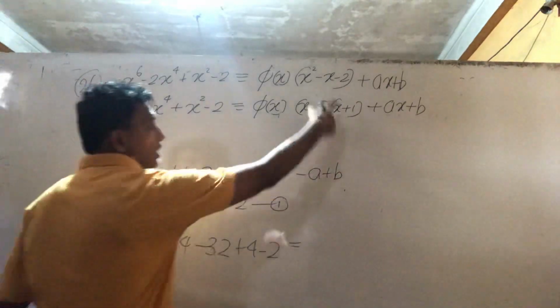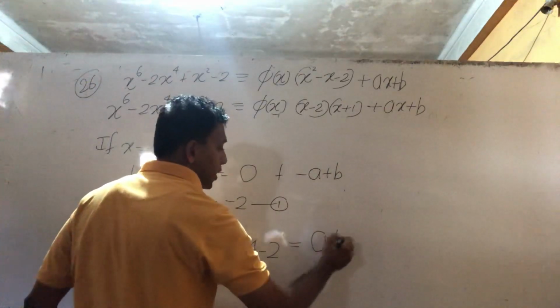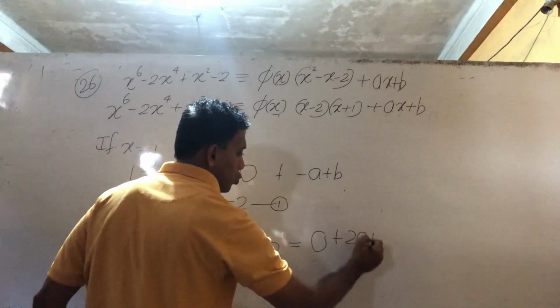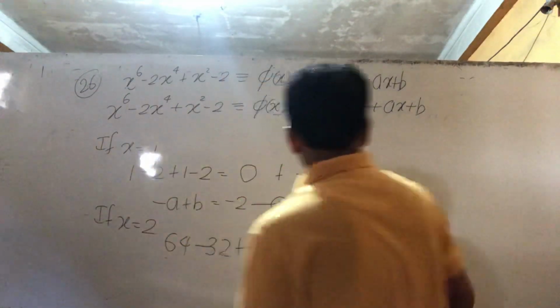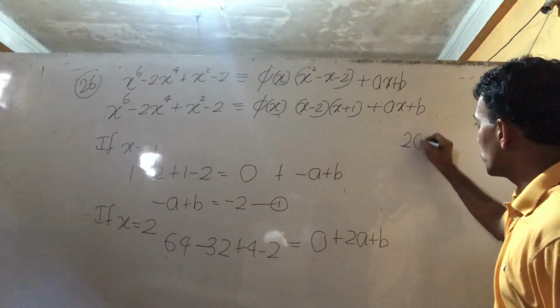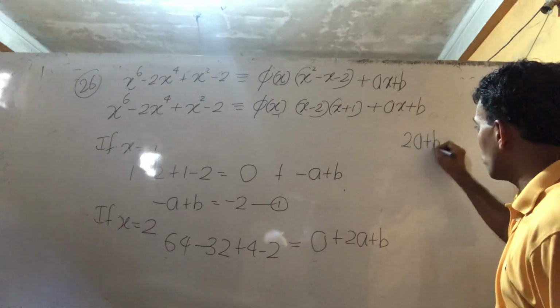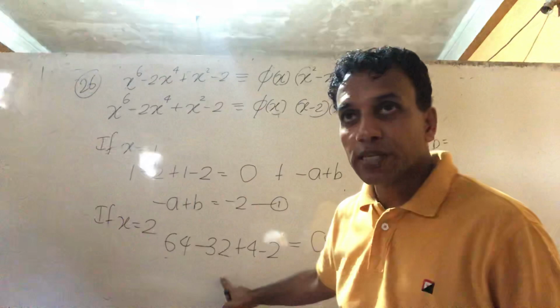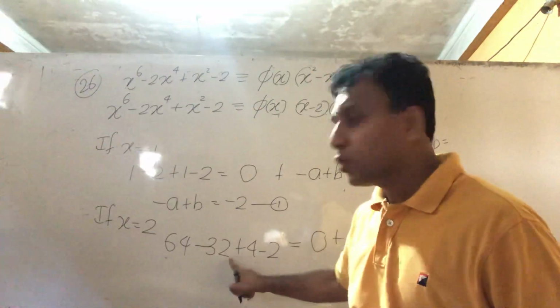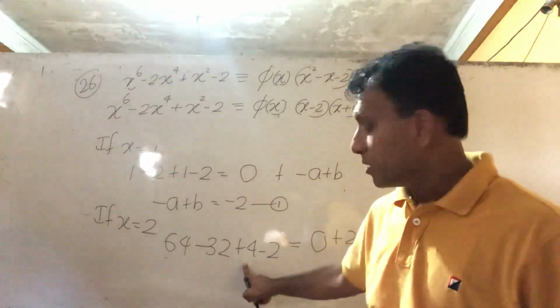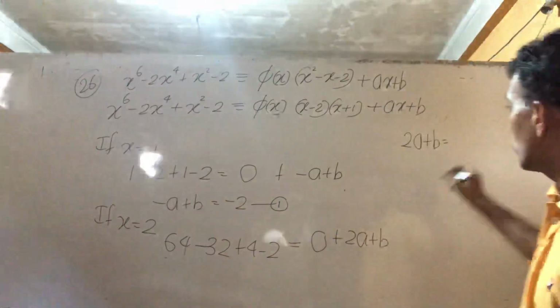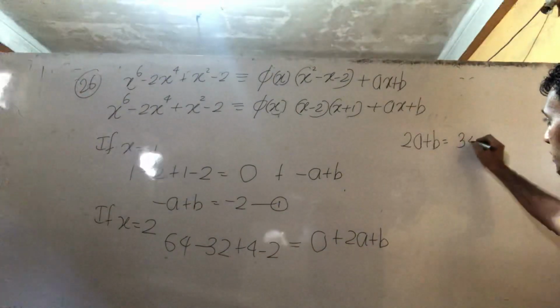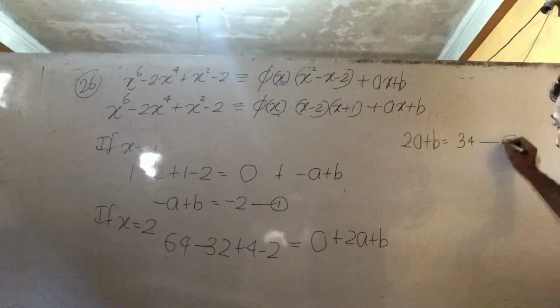If x is 2, here 2a plus b, right? Therefore, your second equation, 2a plus b equals what? 64 minus 32, 32. 32 and 4, 36. 36 minus 4, 34, is it? Check clearly, second equation.